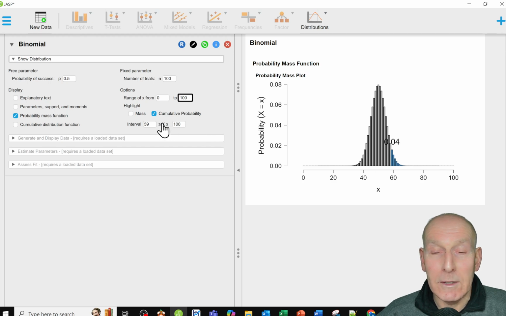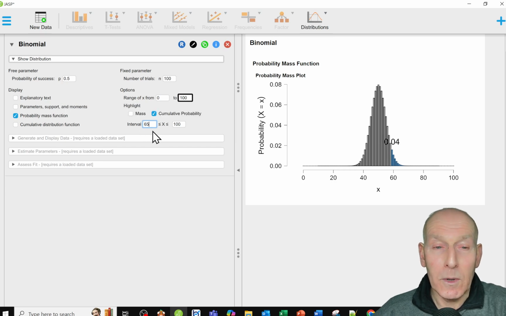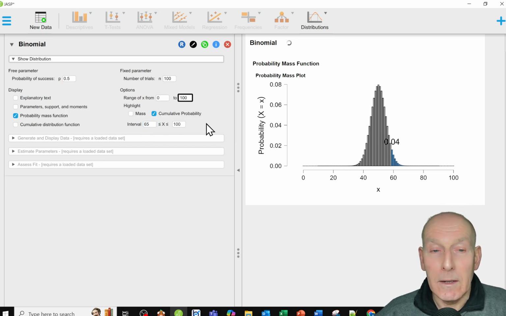So again, we looked at this approximation of 0.05, and we also looked at, I think it was 65, and again JASP will do that calculation for us, and you can see 0.002 in that particular case, and it's absolutely tiny, it's down here. So this gives us an indication of what that p-value means in practice.